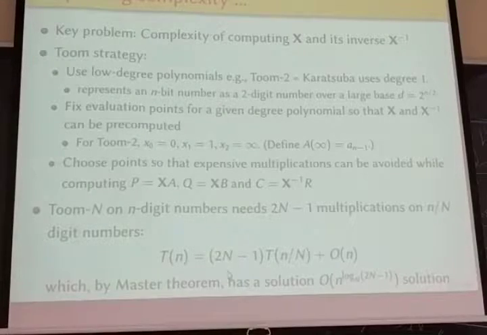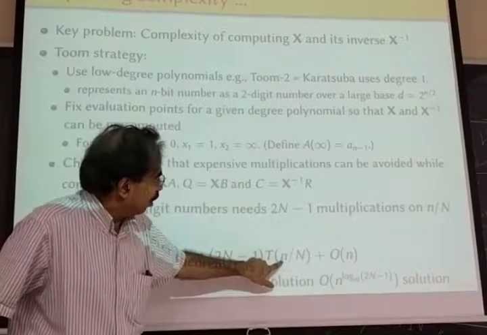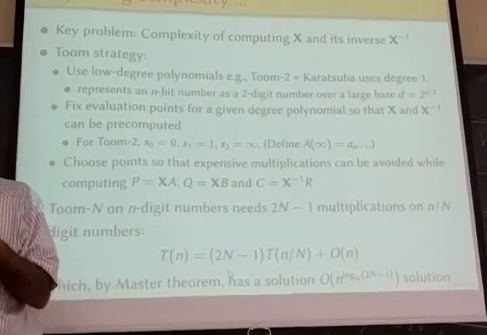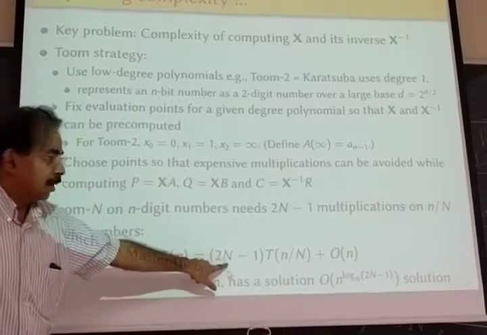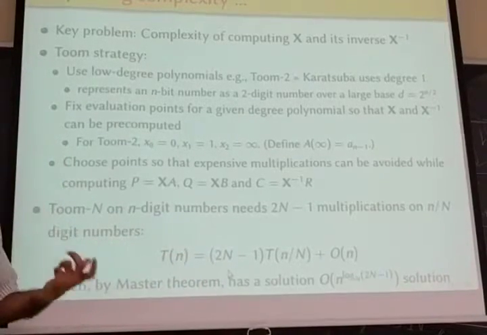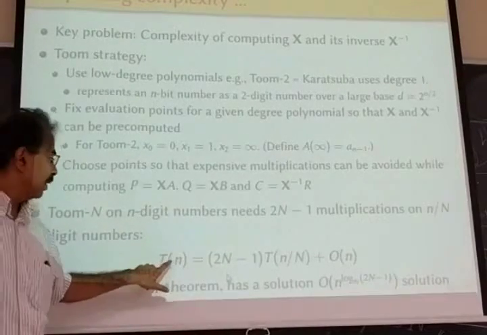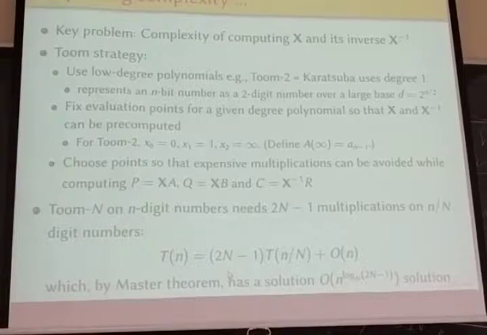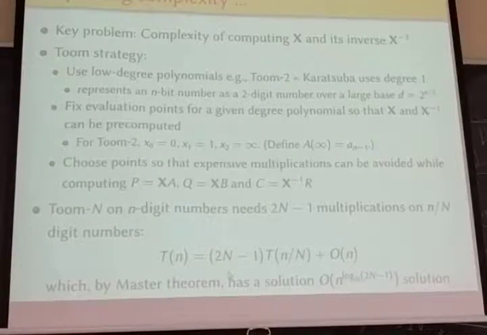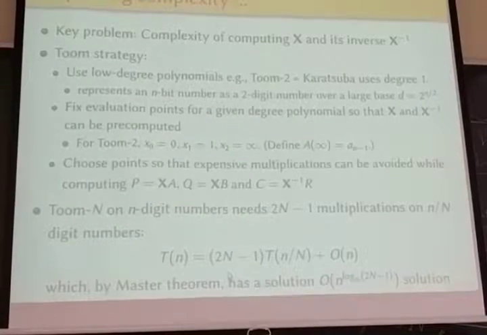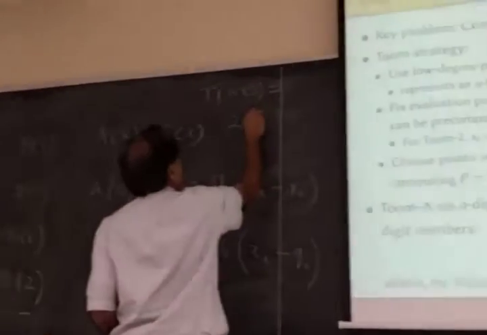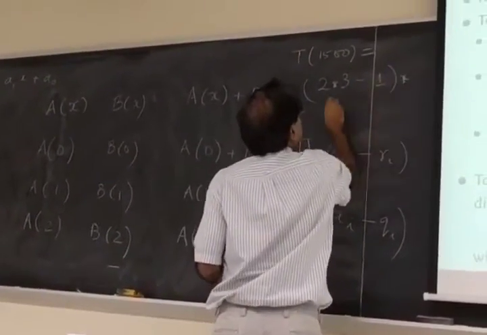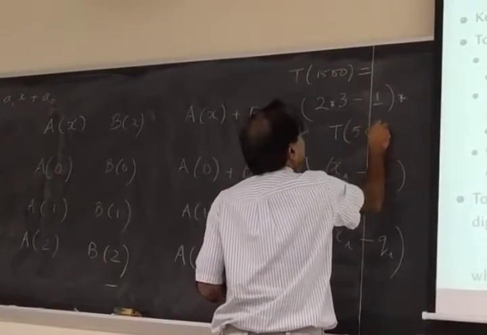Now, after that, you will be left with multiplications involving digits, each of them being much smaller. The example I gave you, capital N was 3, small n was 1500. So we have something like T of 1500 equals two times capital N, which was 3, minus 1, times T of 500.